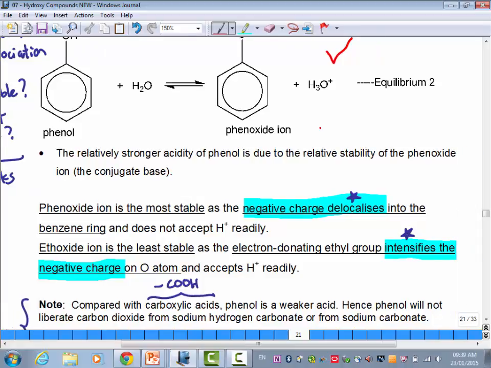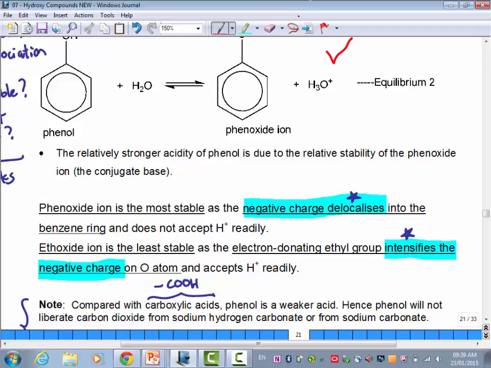For phenol, after it gives away a proton, you have the phenoxide ion. Since O is directly bonded to the benzene ring, the negative charge on the phenoxide ion can be delocalized into the benzene ring. This in turn enhances the stability of the phenoxide ion, thus making the proton dissociation more favorable.